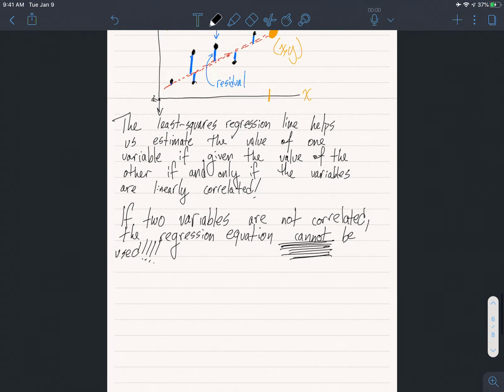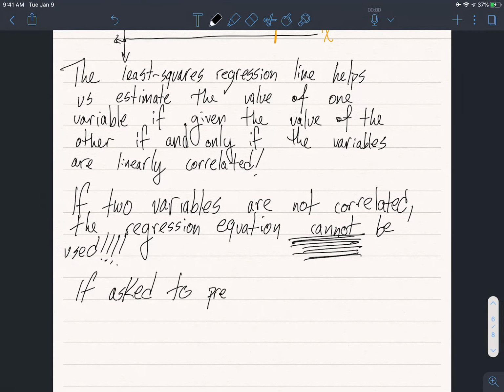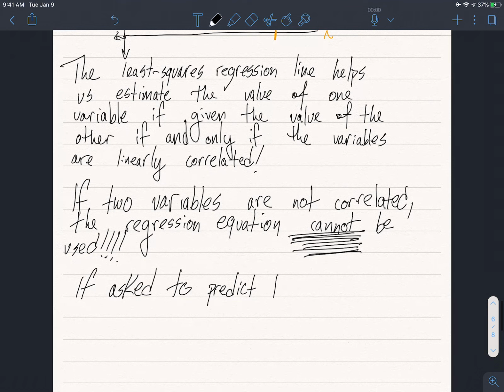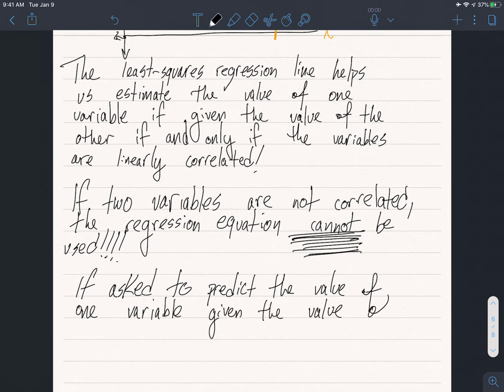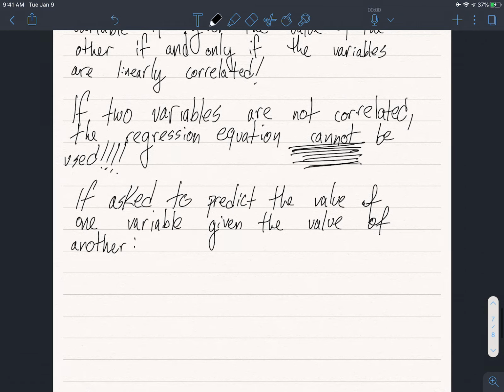So what happens if asked to predict the value of one variable given the value of another, if the variables are correlated?